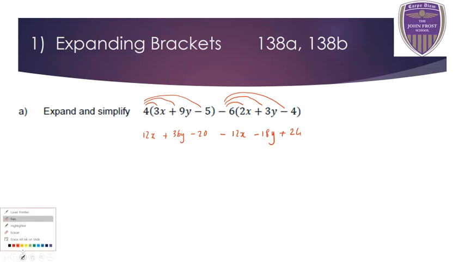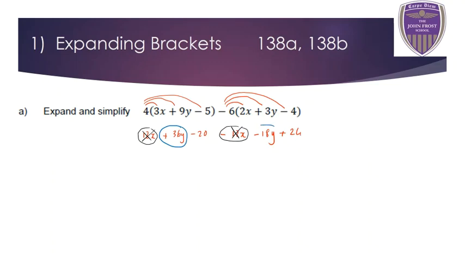Now we've got to simplify it. If we have a look at the 12x, take away 12x, you take 12x away from 12x, you make 0, so there'll be no x's in our answer. If we have a look at the y terms, I've got positive 36y, take away 18y. So 36y take away 18y gives me 18y.